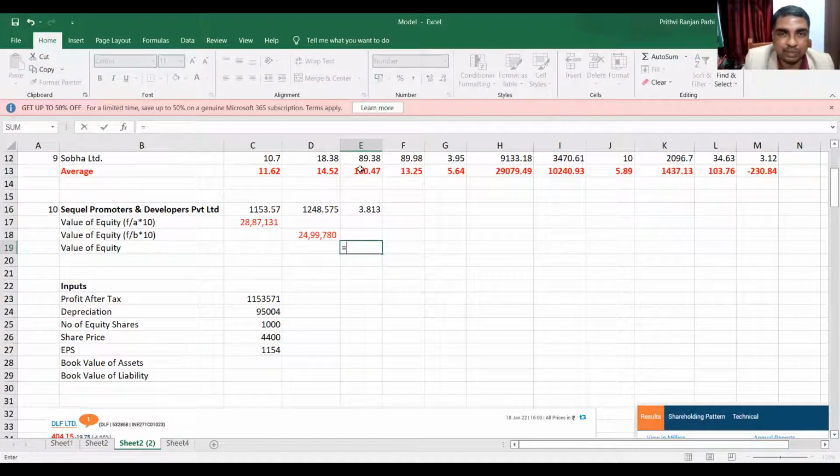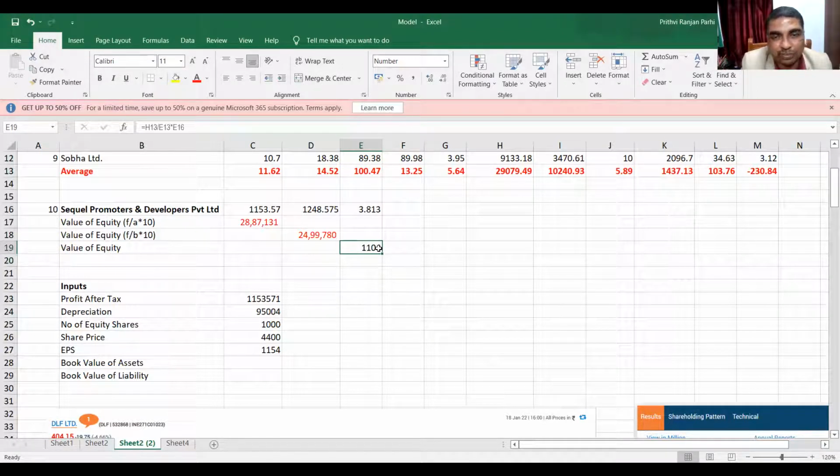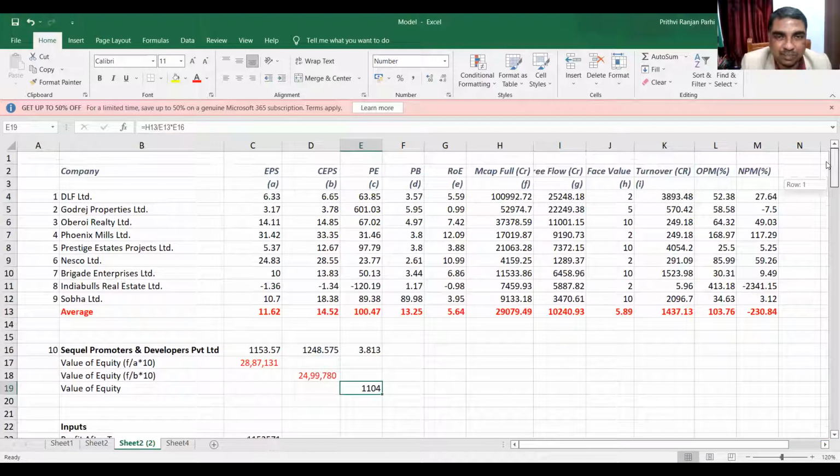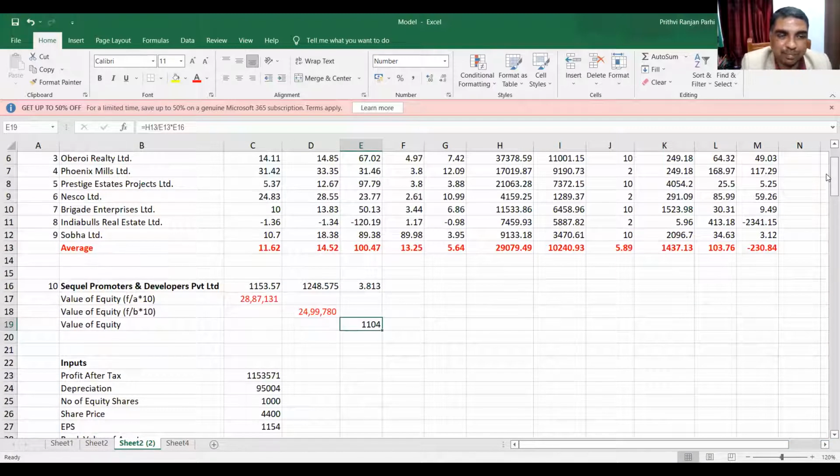For this much, we can say this is the market capitalization, divided by this, into 3.83. So 1104, but it is of course an odd number. The value may not be like that, but it shows like that. Okay, got it? Understood the model? Yes.